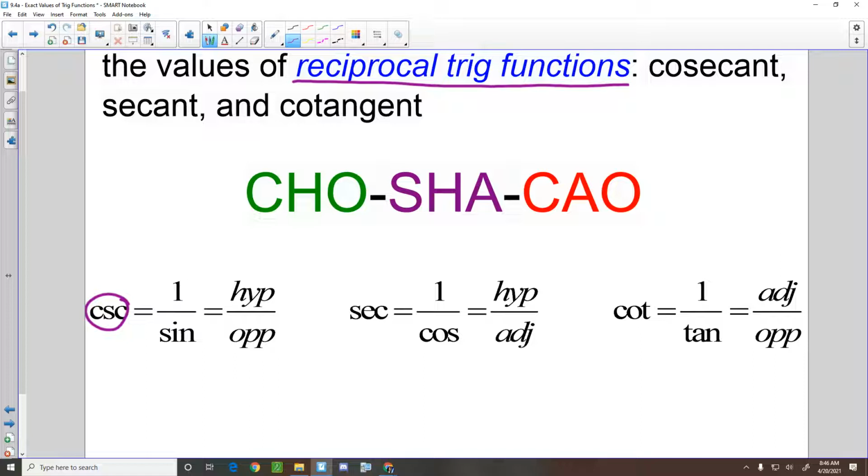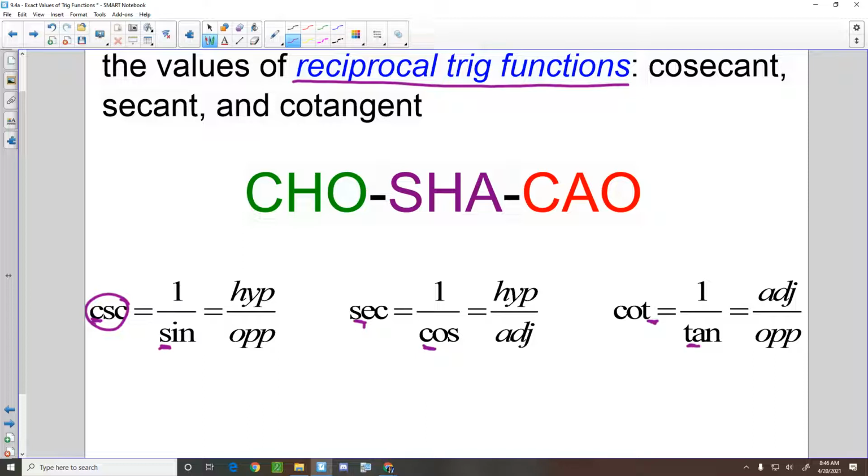So what's this mean in terms of the unit circle? Well, you should have all those ratios written down already from previous lessons, or remember the reciprocal thing. I always keep it straight. If this starts with a C, its reciprocal starts with an S. For secant, cosecant, sine, and cosine, right? There's always one version with a co or a C. The other one starts with an S. And then the two tangents go together, right?